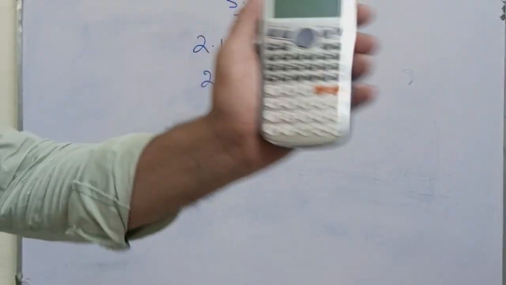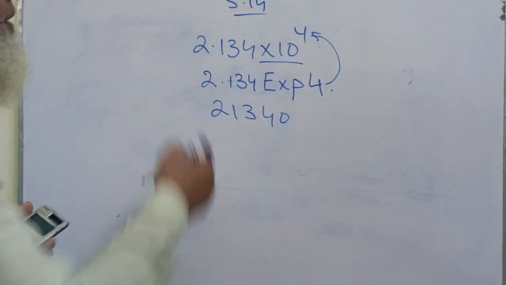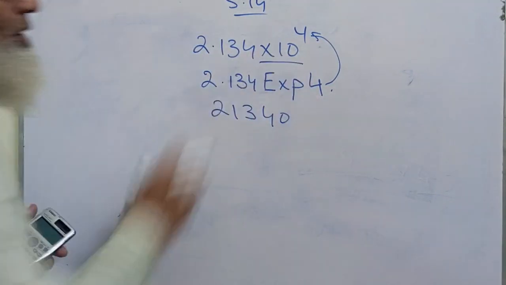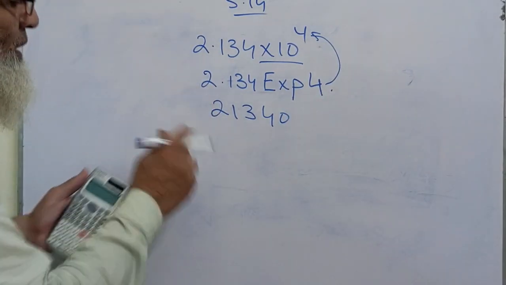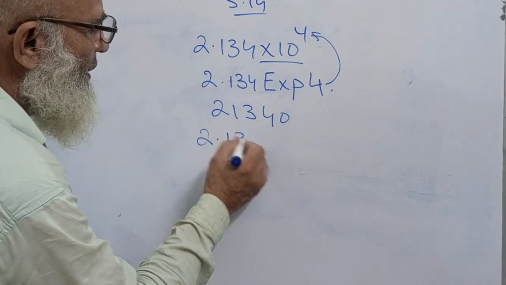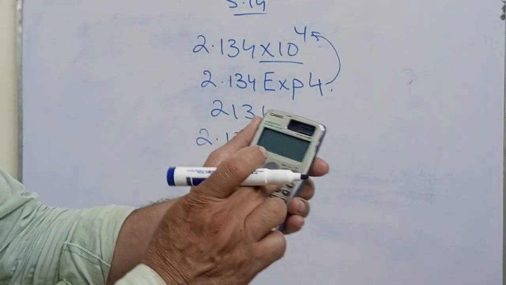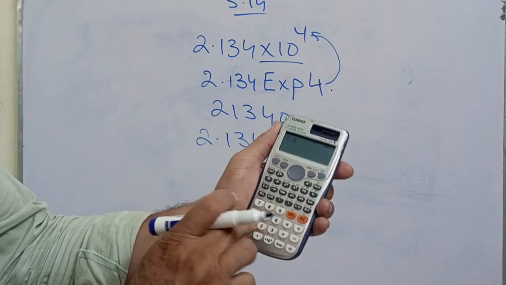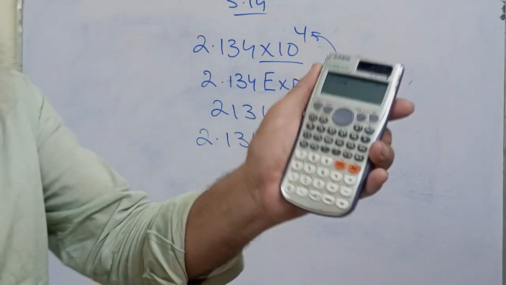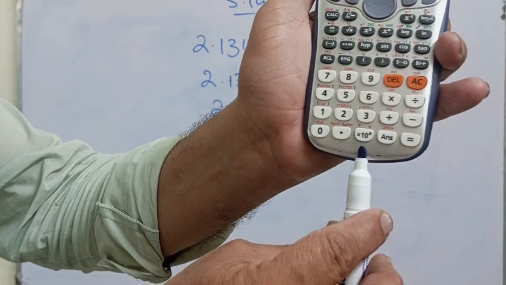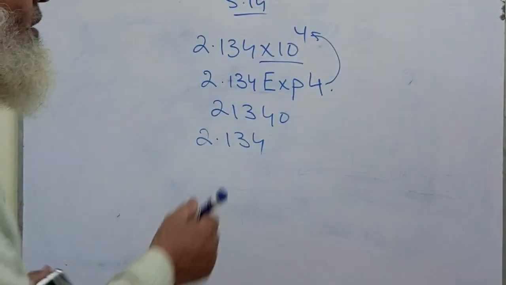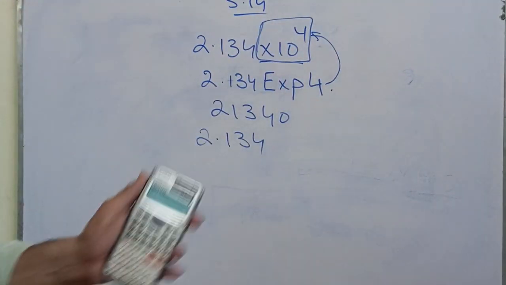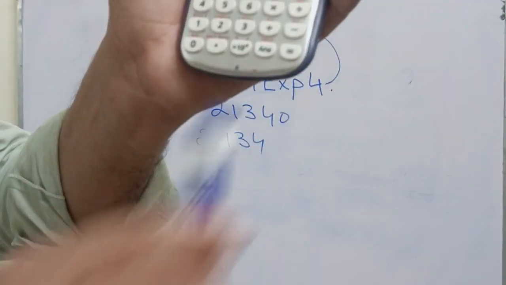For this whole thing, the same procedure will be done. You will write 2.134 first. But now you see that there is a key, into 10 raised to power x, written on the calculator keyboard.